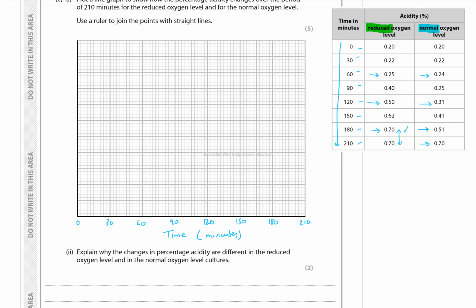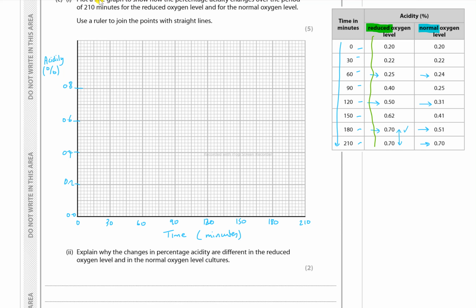Right, up here we've got acidity percentage. It goes from 0.2 to 0.7, so 0.2, 0.4, 0.6, 0.8. Right, we'll use two different colors, so we'll use green for these values.